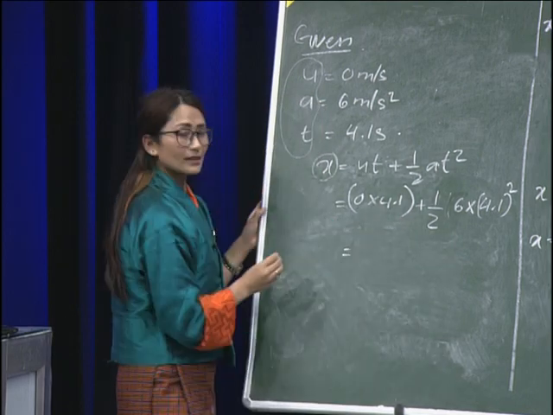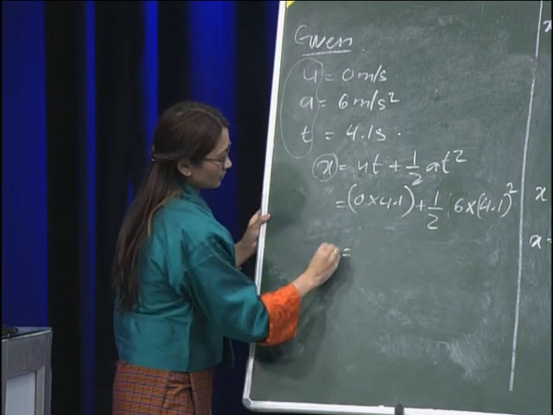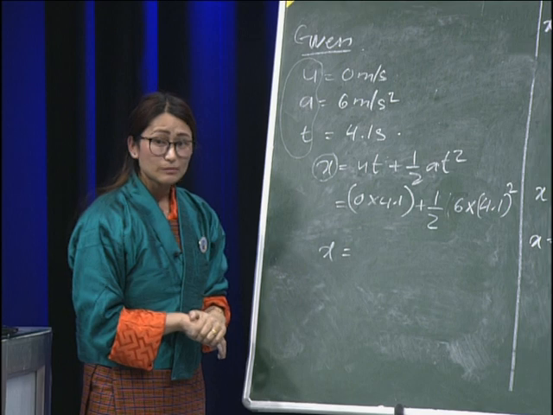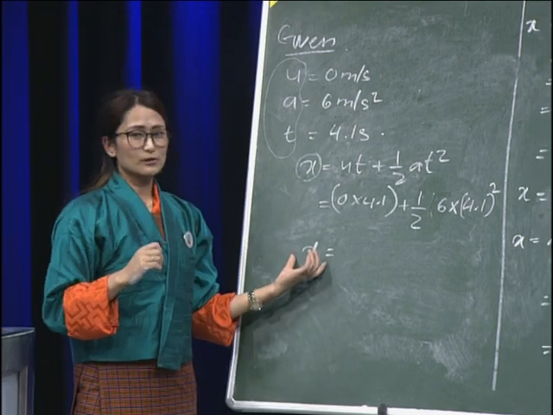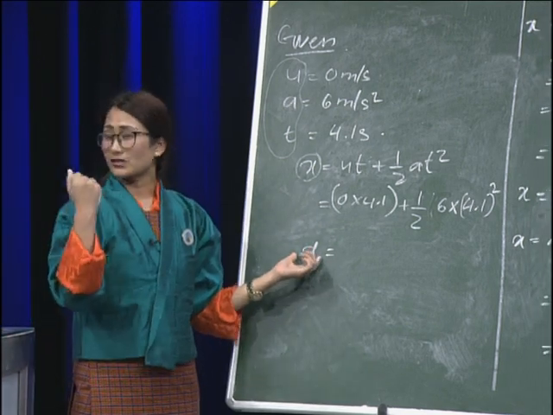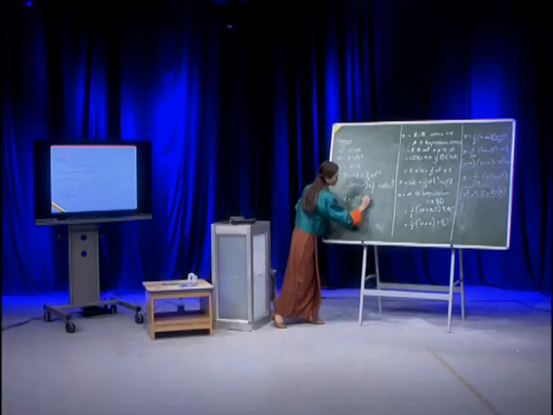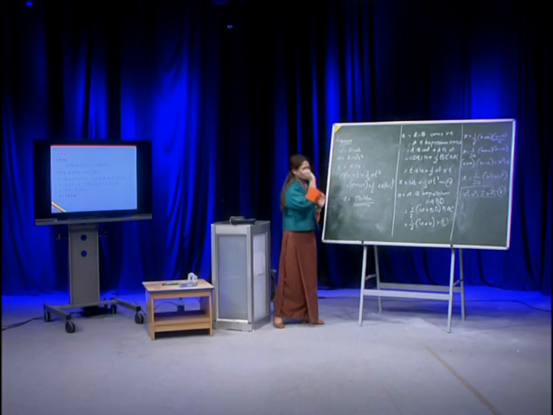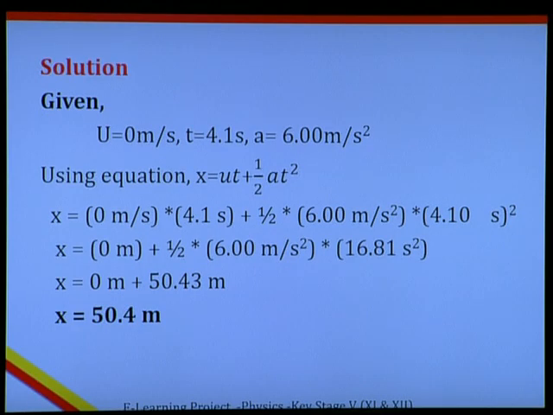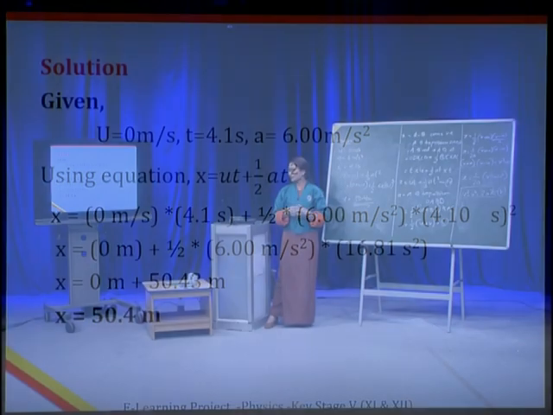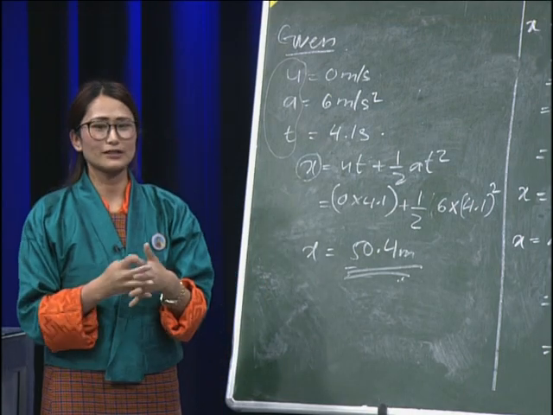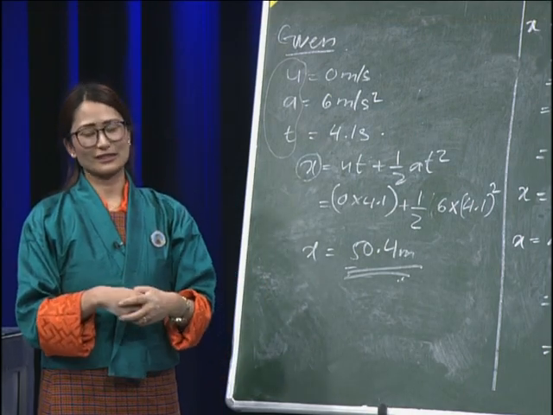After all the calculation, the displacement of Mr. Jigme traveling at the rate of 6 meter per second square will be 50.4 meter. I have the solved part for the given question on the board also, so you can go through this once. I hope it's clear now how to go on with the calculation.